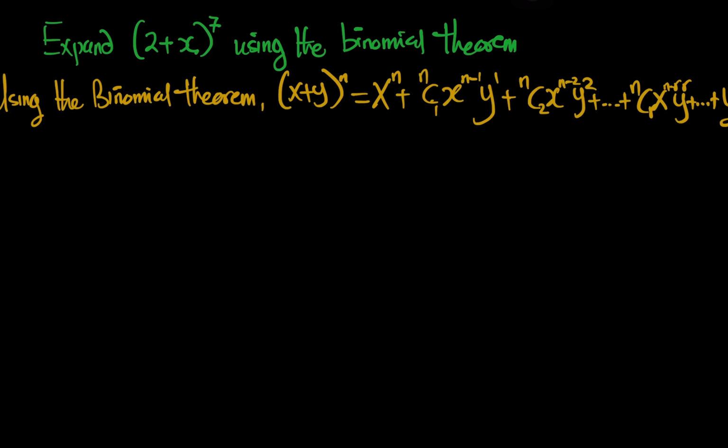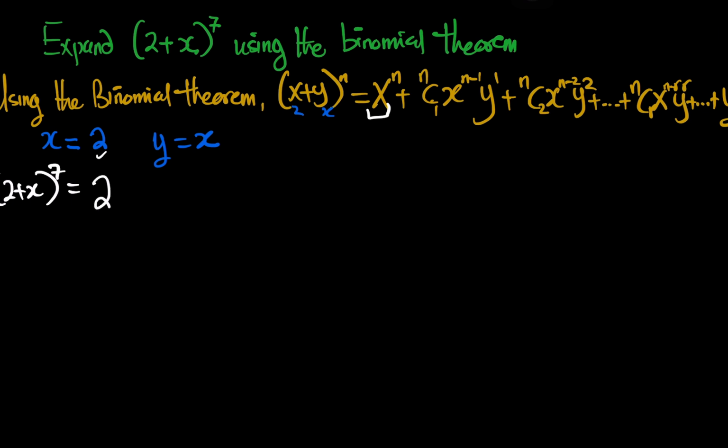All right, so since we're using that, in this particular question, we can make our x here our 2, and then our y is our x in there. So this is our 2, and this is our x, pretty much. So we're going to solve and say that 2 plus x to the power 7 is the first x to the power n, and our x here is 2.